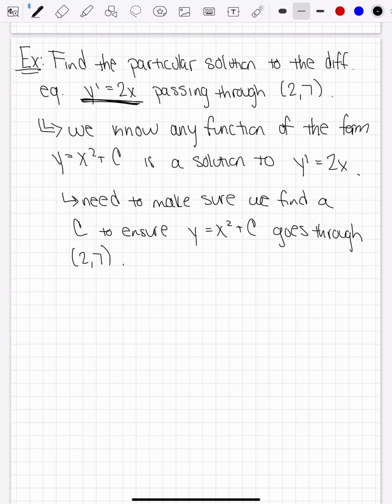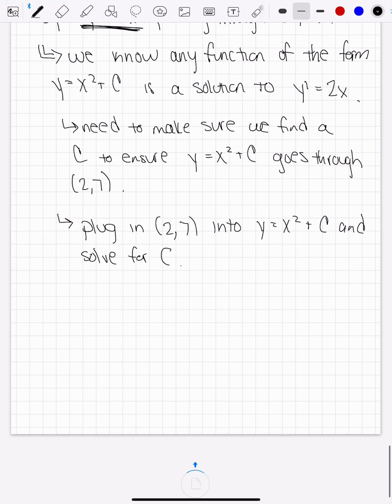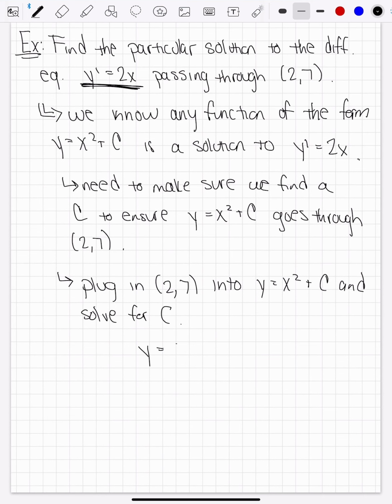What we're going to do is literally take the solution and plug in (2, 7) into y equals x squared plus c and solve for c, because that's what's going to make sure that we go through that point. So y becomes 7, and x is 2. We know that 2 squared is 4. If we subtract 4 from both sides, we get that c is 3.